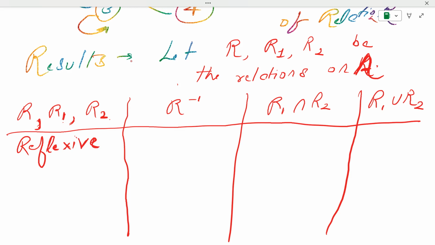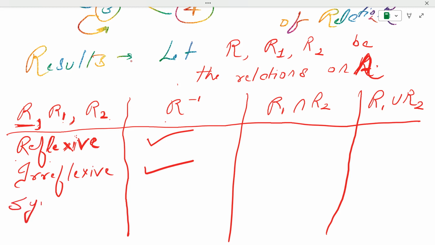For all A in R, (A, A) will be present in R. So in R inverse, it is also going to be reflexive, right? If R is reflexive, the inverse is also reflexive. If R is irreflexive, then its inverse is also going to be irreflexive.